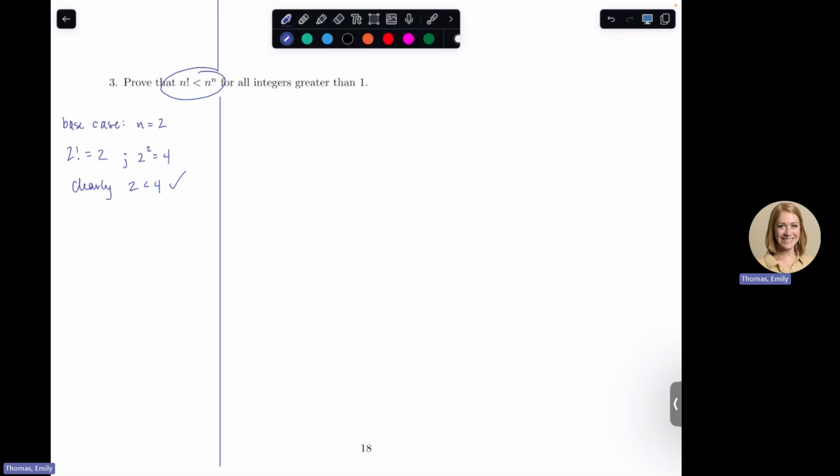Yep. Okay. For the inductive hypothesis, you want to assume it's true when n equals k for some k greater than or equal to 2.